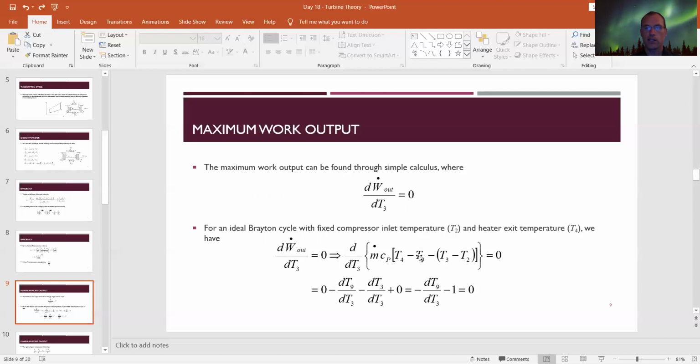I have a minus dT9/dT3, a minus dT3/dT3, and then T2 is assumed to be constant, so its derivative is 0. So I'm left with a minus dT9/dT3, and this derivative is just 1. Really the only thing I need to worry about is this derivative, temperature 9 with respect to temperature 3.